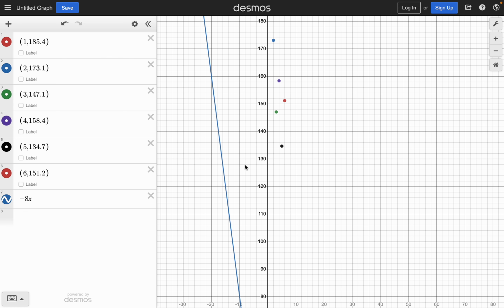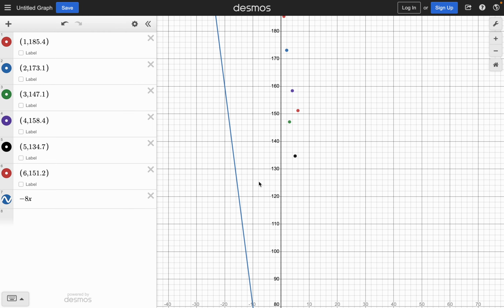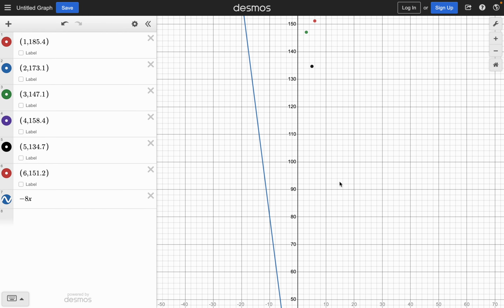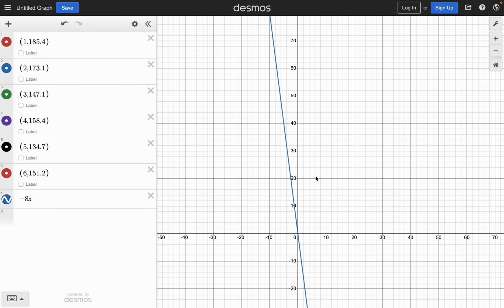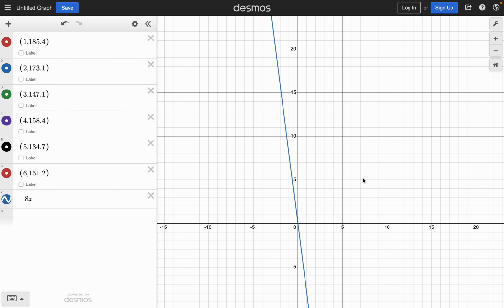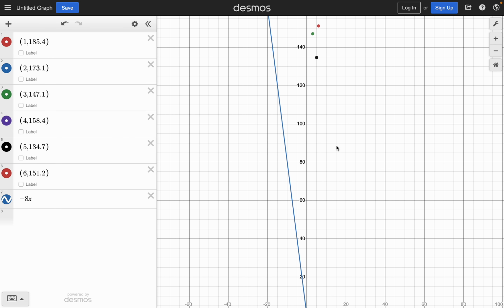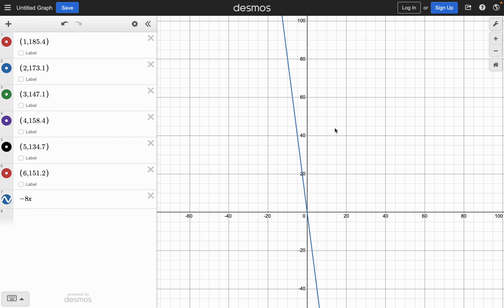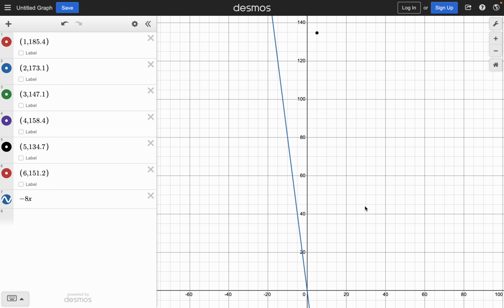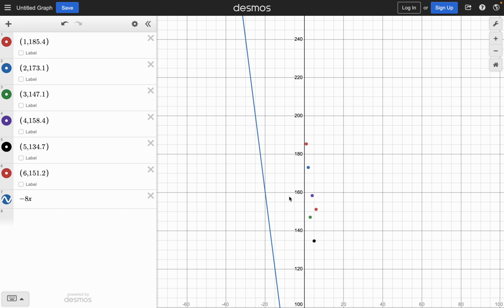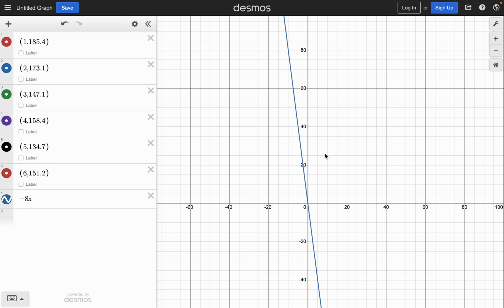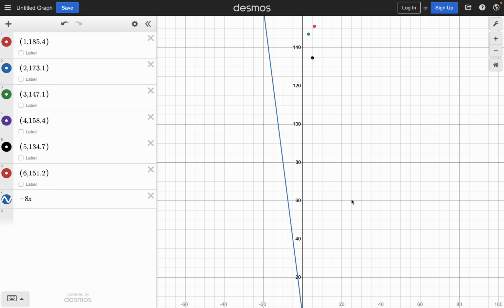But then we also need to take into account the axes. Even though we think this might be a strong negative correlation, actually it's not that strong, because the y-axis numbers are much higher than the x-axis numbers.